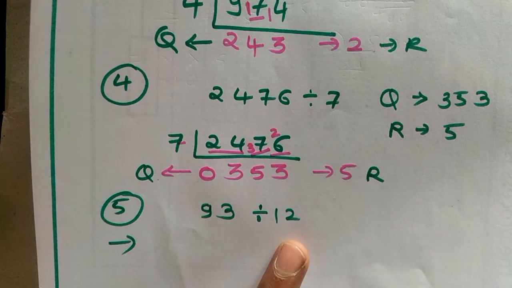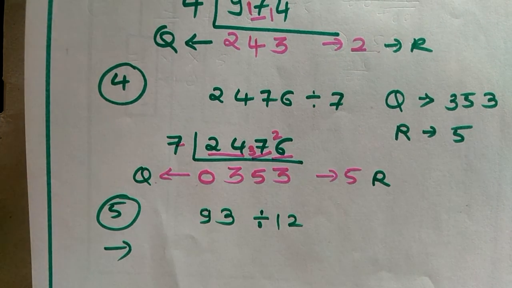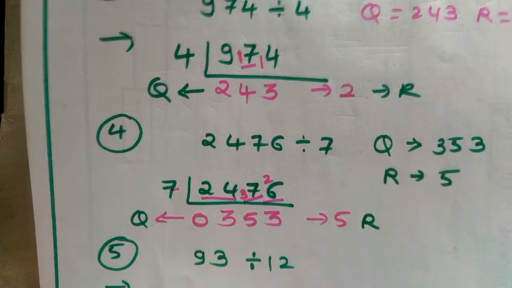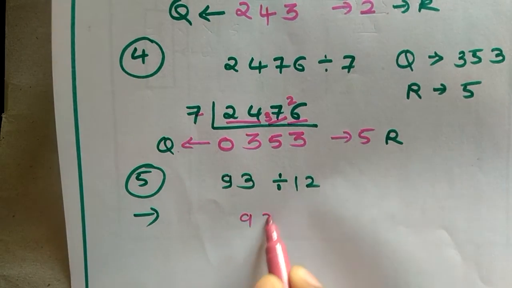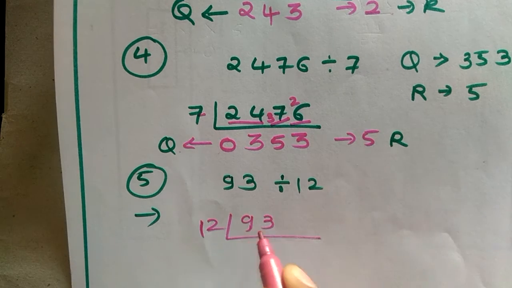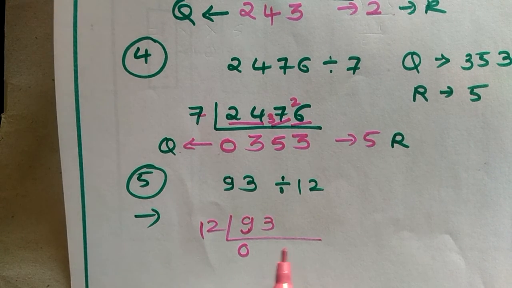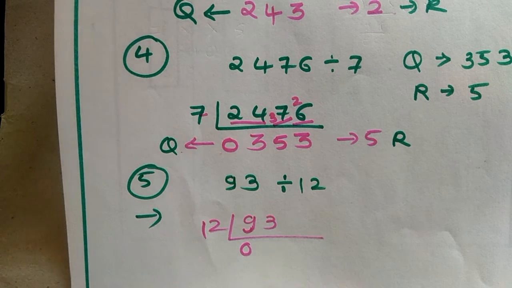If we know the tables of 2-digit numbers, then also you can use this. Here you should know the table of 12, that is a double-digit number. Otherwise this method you can apply when the divisor is a single digit number. So 93 divided by 12. 9 is less than 12, so put 0. Then say the table of 12 till it comes 93. 93 won't come.